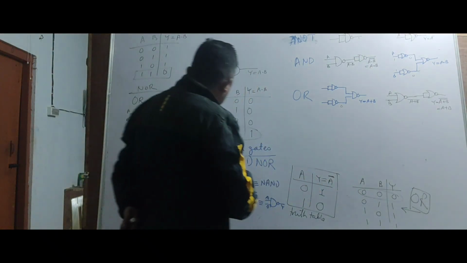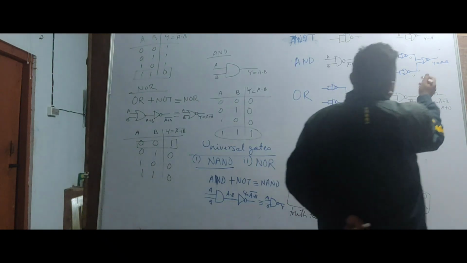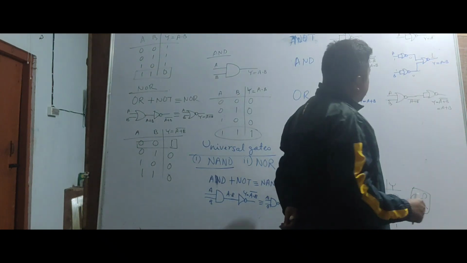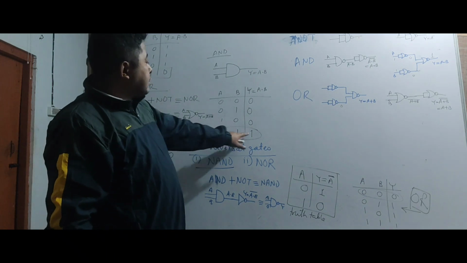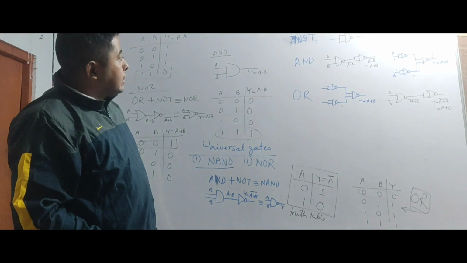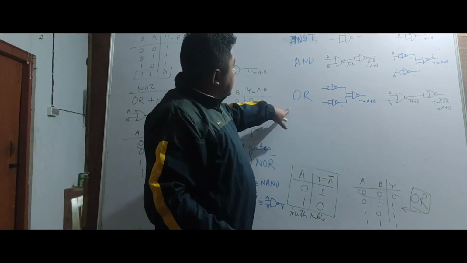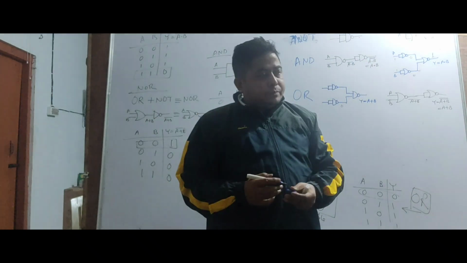And 0, 0 gives you 1. So when it is 0, 0 you are going to get 1. So this is what an AND gate is, no? In an AND gate, 1, 1 should give 1. So you can get the basic gates from universal gates by using this combination.